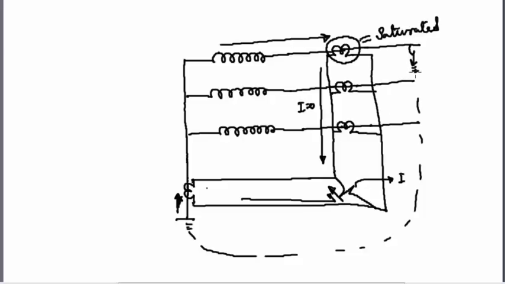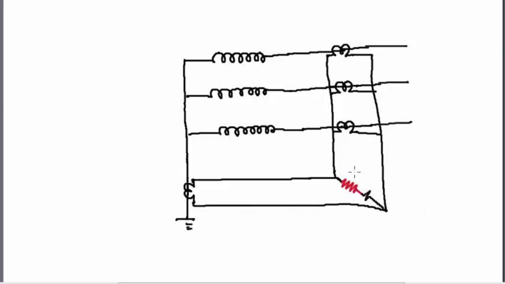Now in order to avoid such a situation, we make some modification in the circuit. The modification is such that apart from introducing a relay, that is the 64 relay, we also introduce a high resistance in this circuit, and this resistance is called the stabilizing resistance. Now suppose there is a fault and this CT got saturated.